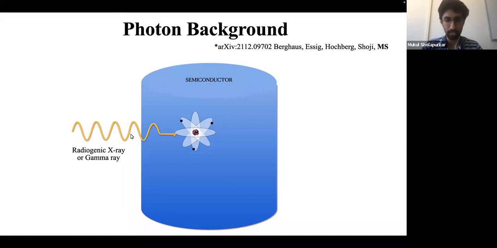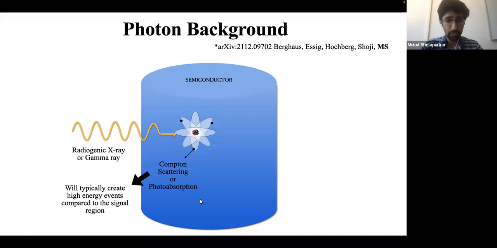So they can penetrate the shields and get into the detector. Most of the time what they do is they Compton scatter, or they get photoabsorbed, and because they are keV and MeV scale, these will typically create signals which are very, very high energy compared to what these experiments will be looking for, which will be, remember, milli-eV scale signals.